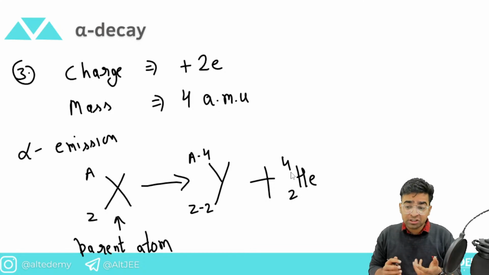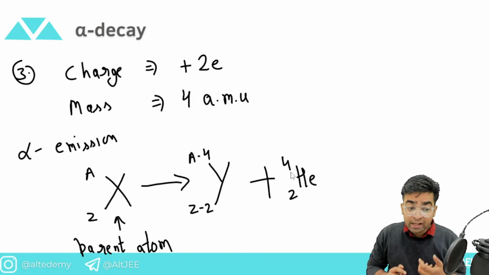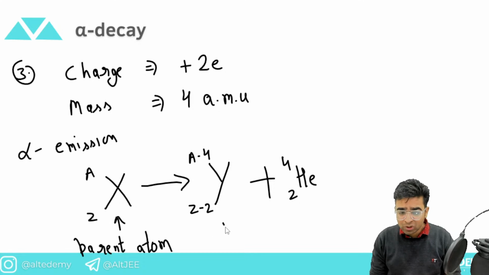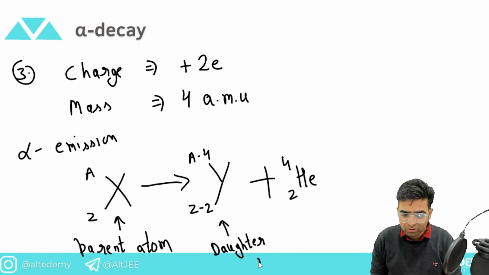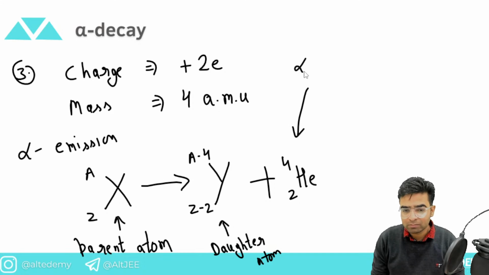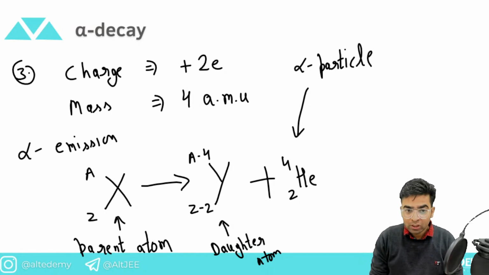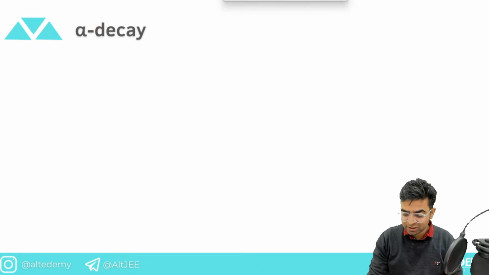So this is how alpha emission looks like. X is the parent atom, this is the daughter atom, and this is our alpha particle.